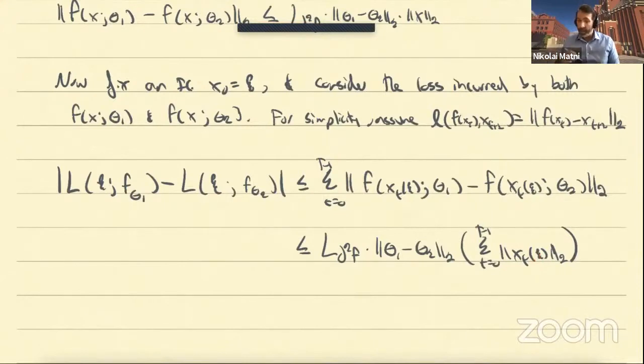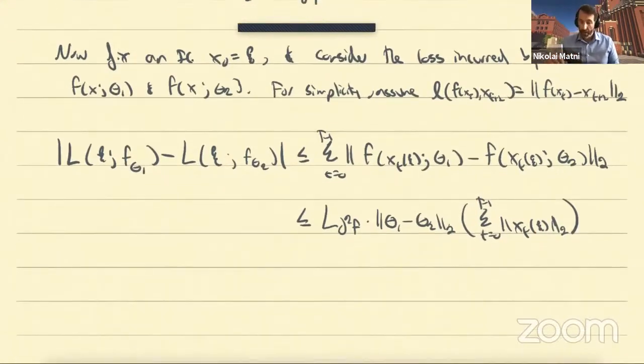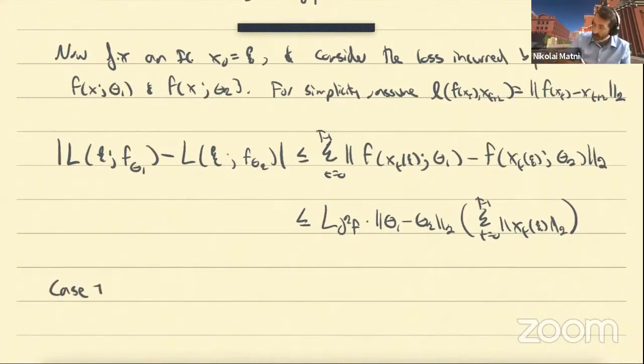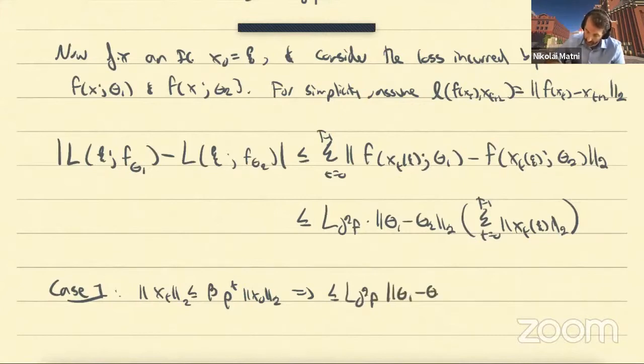So now we can bring in our stability assumptions to derive bounds on this, right? I'm not going to rework this, but I'll just remind ourselves that in the nice case of x of t satisfying this bound, we end up with the following expression.